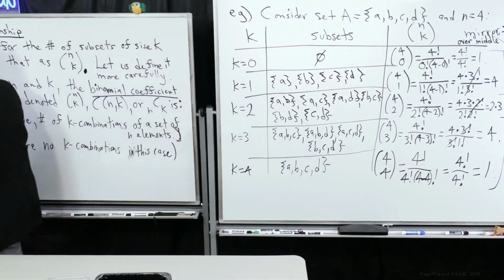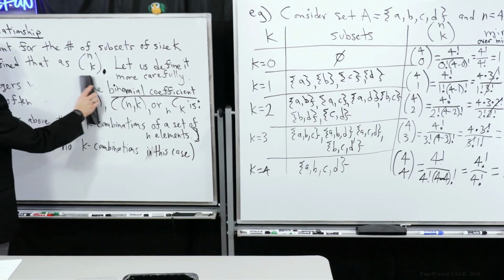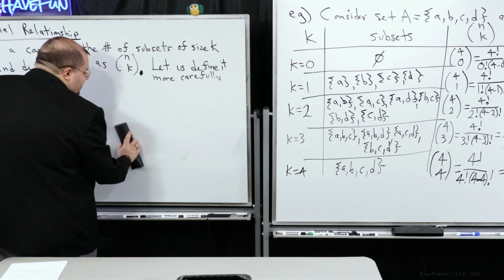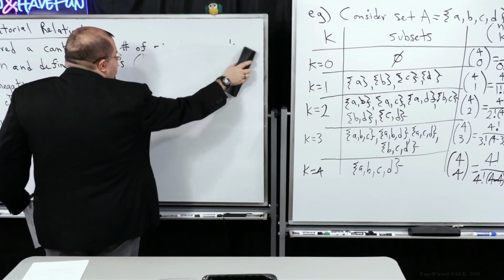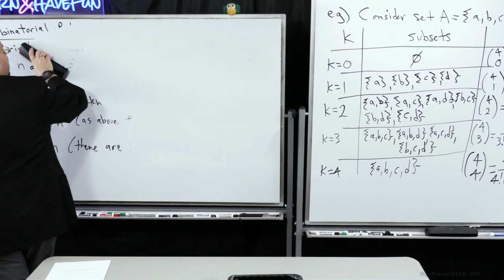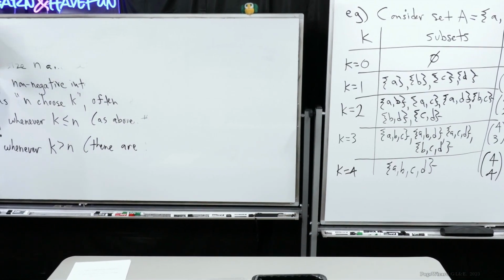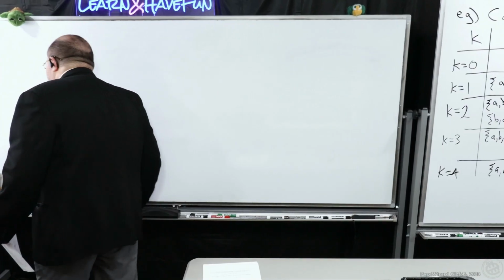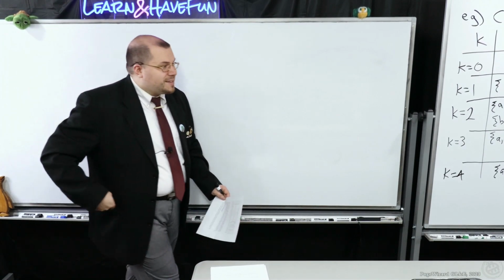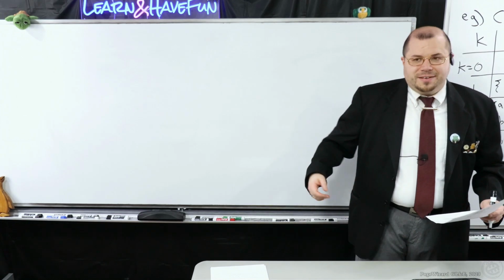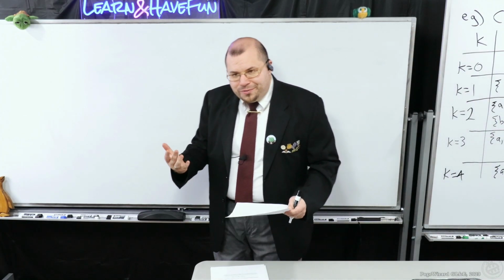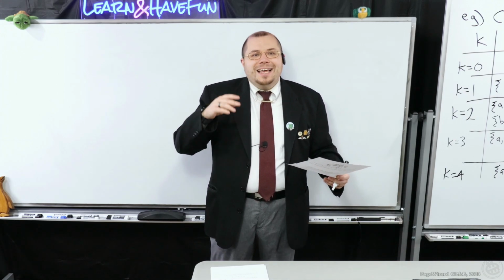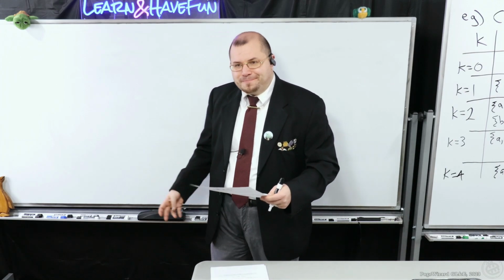We're going to take 2 sets, talk about their sizes, and then argue that those 2 sizes are in fact the same by doing what is easiest to see if 2 things are of the same size: you pair them up. If I can pair them up uniquely, then they have to have the same sizes.